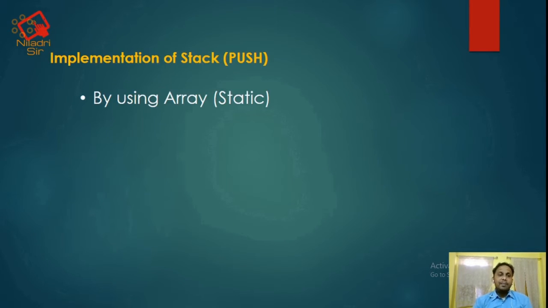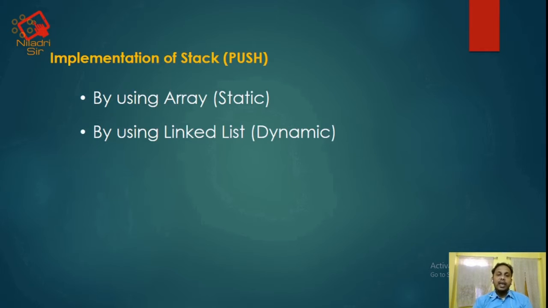Stack can be implemented by using an array or by using a linked list. Actually, for static memory allocation we use an array, and for dynamic memory allocation we use a linked list. In our previous lecture on arrays, we have seen how an array can be implemented.